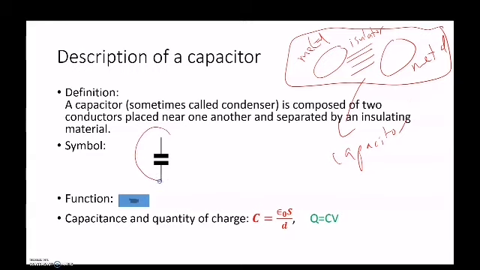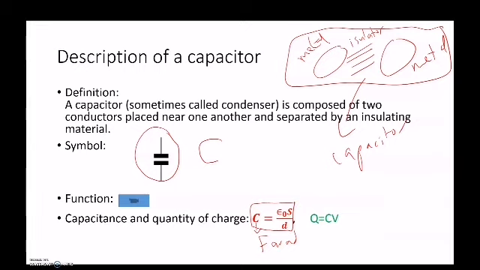This is the symbol of a capacitor, and we denote the capacitance of a capacitor by the letter C. The capacitance is measured in farad. This is the equation of the capacitance of a parallel plate capacitor, not any capacitor.